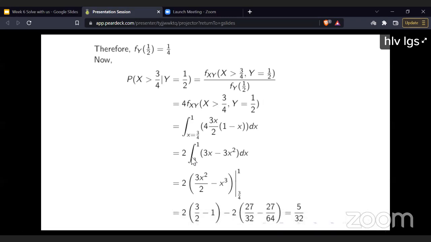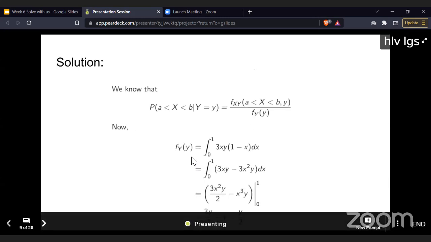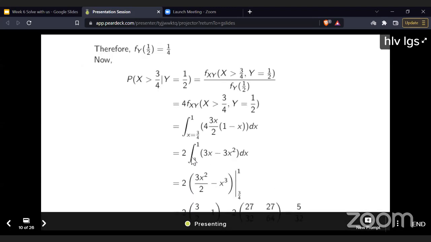So we can substitute y equal 1 by 2 in our joint distribution function. Originally the joint distribution function was 3xy(1 minus x). If you put y equal 1 by 2, it becomes 3x by 2 (1 minus x), and now you will just have to integrate over x.